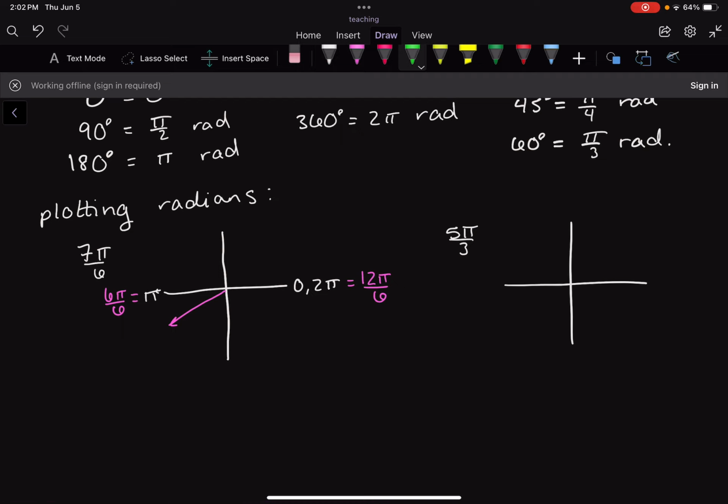So again, I know that this is 0, this is pi, this wraps around to 2 pi. This is 3 pi over 3. This would be 6 pi over 3. And again, I'm picking what I want the denominators to be based on what this denominator is.